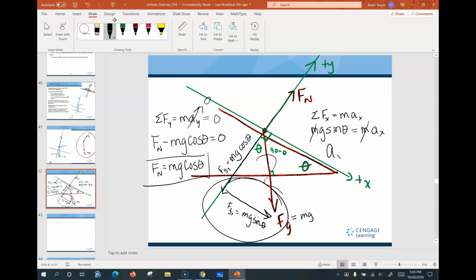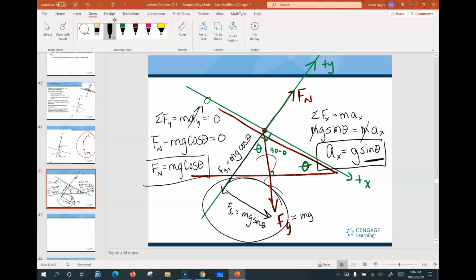You are left with the acceleration in the x direction equal to g sine theta. And as you can see, there's no mass in that equation. So for this car, it could be a car, a penguin, a truck, a physics book. It doesn't matter what the mass is. It will always have this acceleration. It's only dependent upon the acceleration due to gravity and the incline of the ramp.